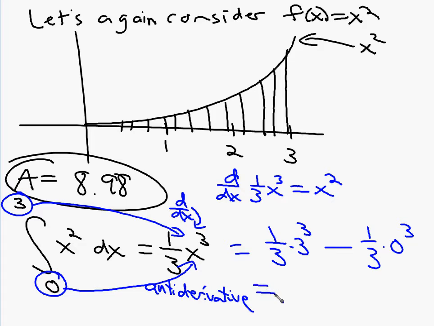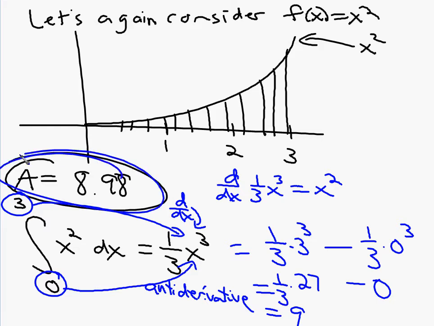What's 3 cubed? Isn't it 27? What's 1/3 times 27? This thing over here is going to be 0. Isn't it 9? Remember this number? Ooh, pretty cool, isn't it? The exact answer was 9. The exact area was 9.